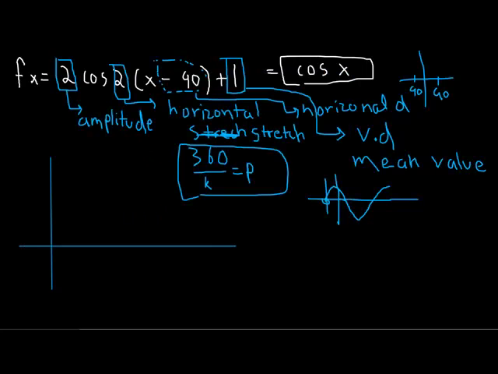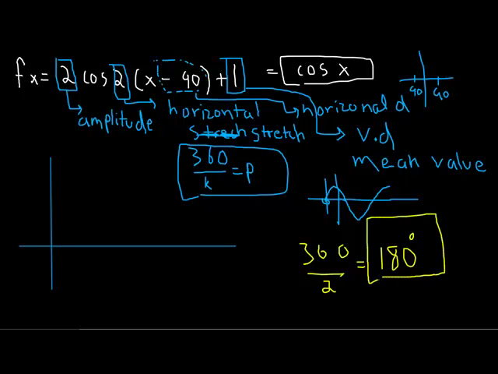Let's first figure out our period, how long it takes for one cycle to complete itself. That's basically 360 over 2, which gives us 180. It takes 180 degrees, or half of 1 pi, to complete one full cycle.